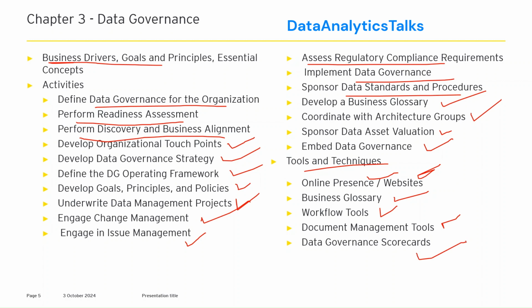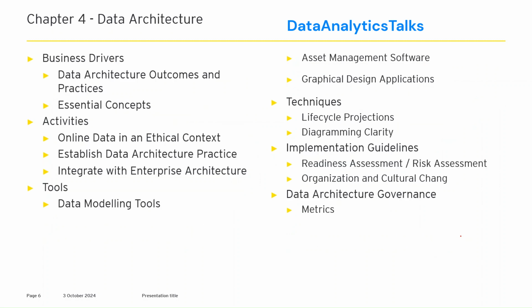Then coming to the fourth chapter, it's about data architecture. It starts with the business drivers, data architecture outcomes and practices, and essential concepts around data architecture. Then the activities: establish data architecture practice, integrate with enterprise architecture.